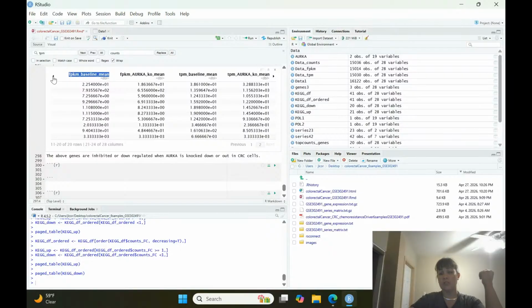Like angiogenesis is secretion of arterioles to supply tumors with blood so they can grow, and nutrient supply. That would be a bad thing in cancer. So genes that make arterioles could be bad, upregulated.